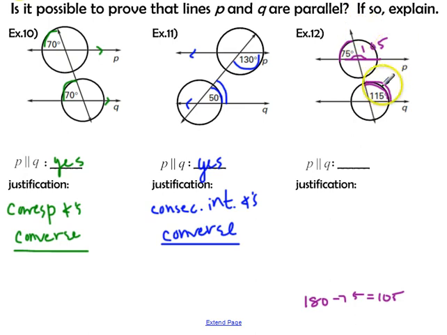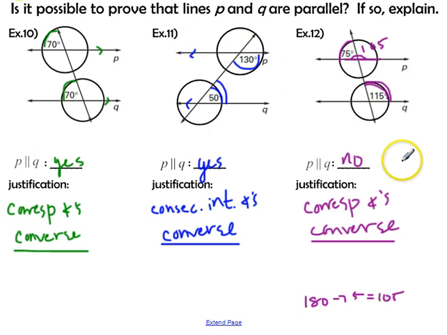Now, 105 and 115 are corresponding angles, and corresponding angles are supposed to be congruent. But 105 and 115 are not congruent. So we can use the corresponding angles converse to say no, P and Q are not parallel.